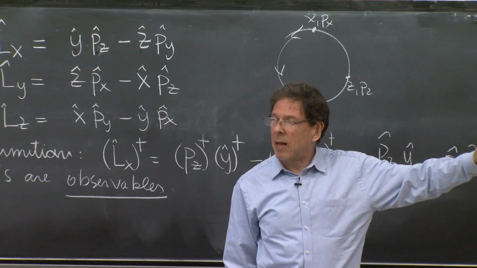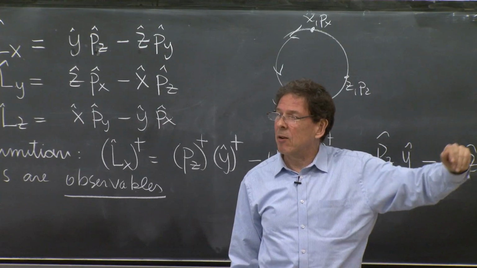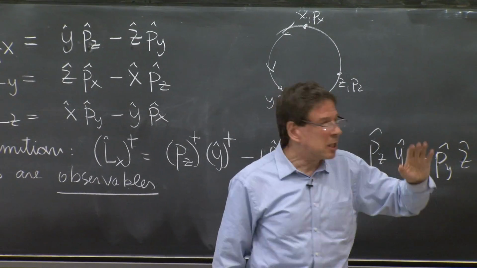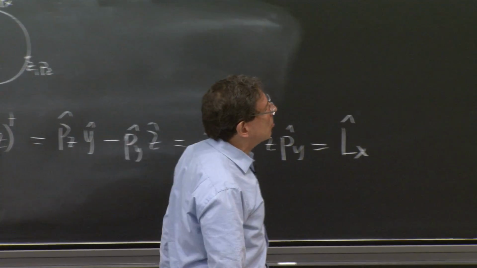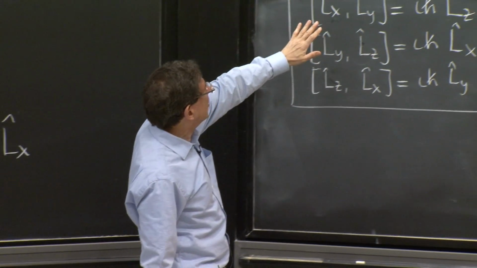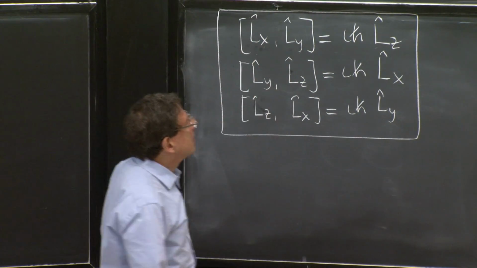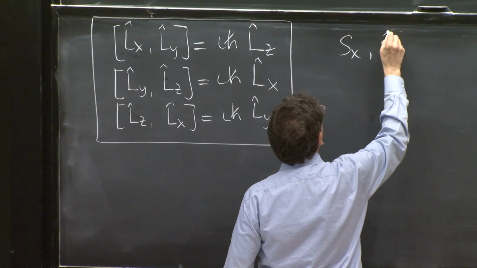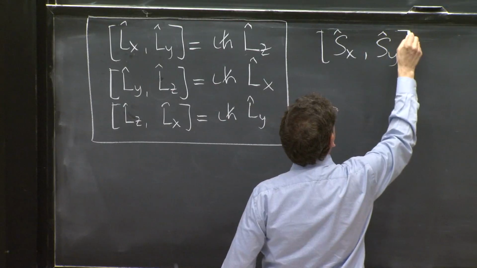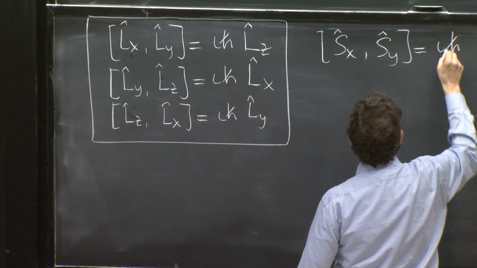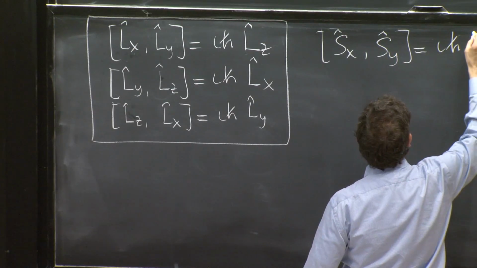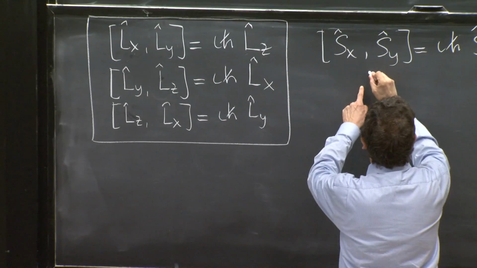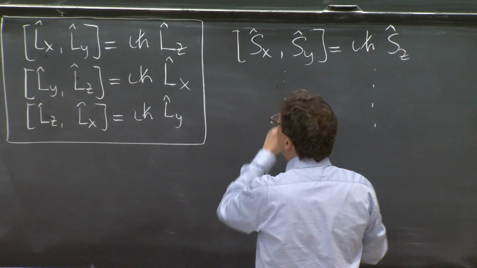And that's what happens with spin angular momentum. The spin angular momentum operators will be denoted with Sx, for example, and Sy, will have iħ spin in the z direction, and the others will follow.